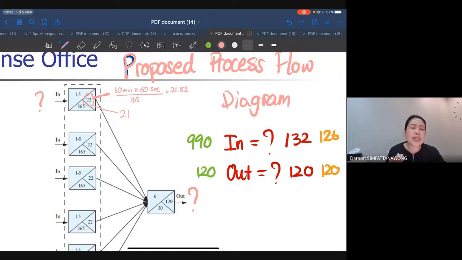Just about to finish, but not finished. So we cannot estimate 21.82 to 22 applications. If we count how many applications will be finished in 1 working hour, we have to provide the answer as 21.